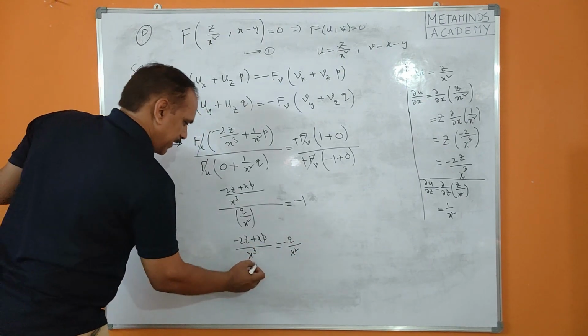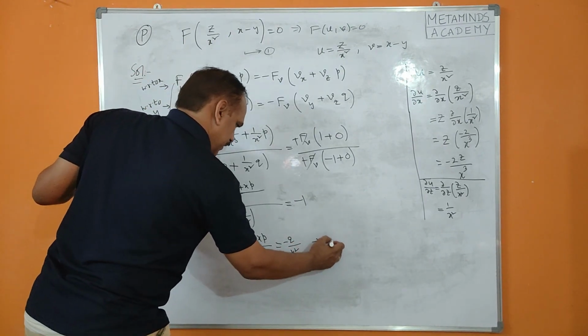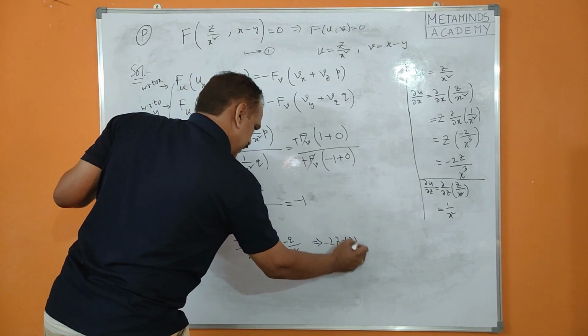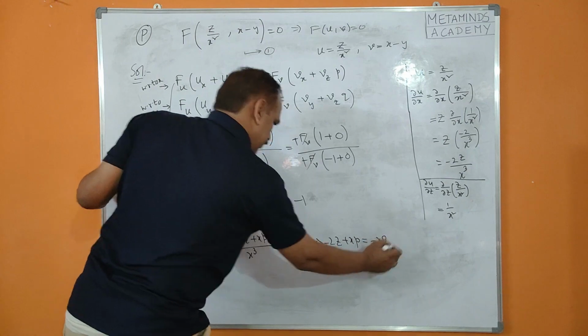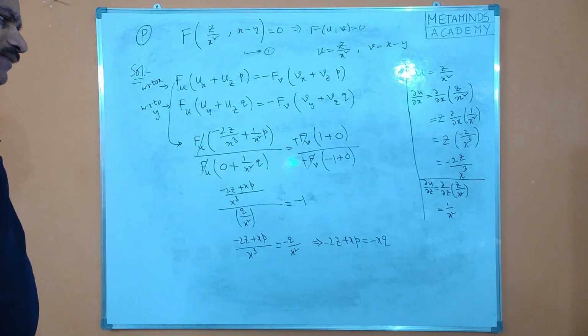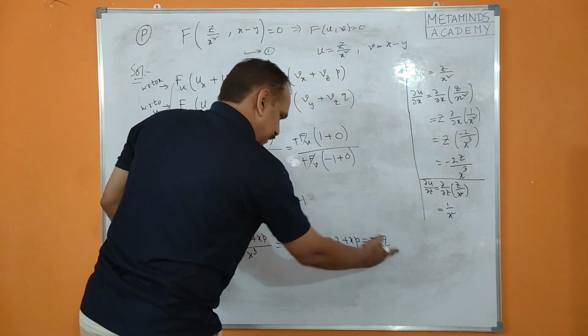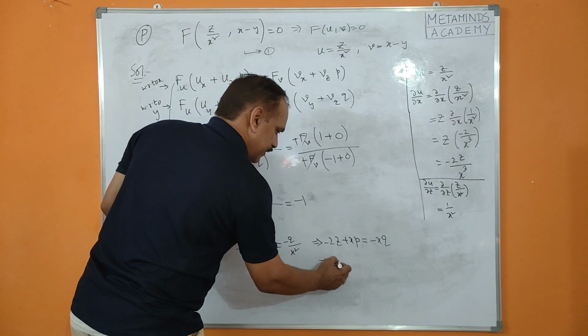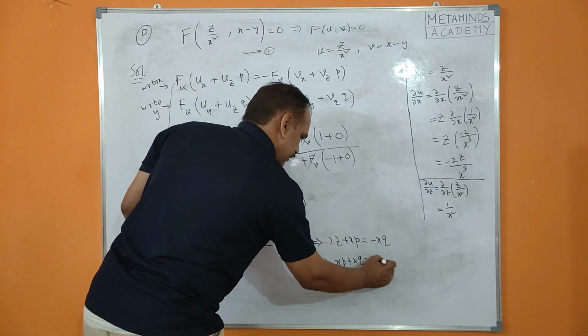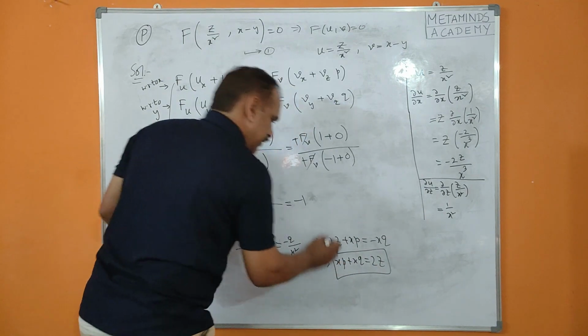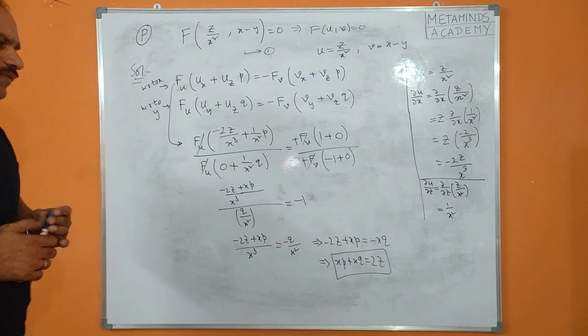So you will get minus 2z plus xp equal to minus x cube. You take this to this side: xp plus x cube equal to 2z is the required partial differential equation.